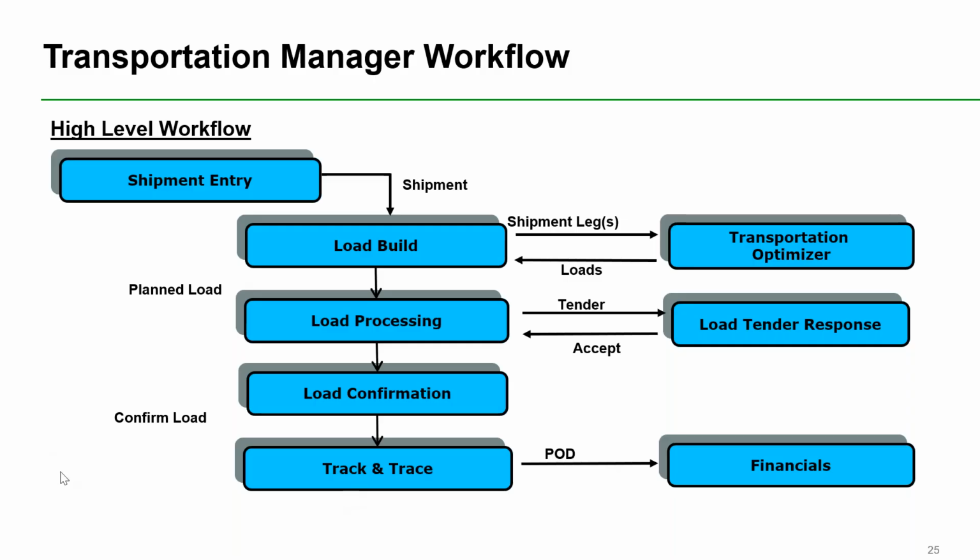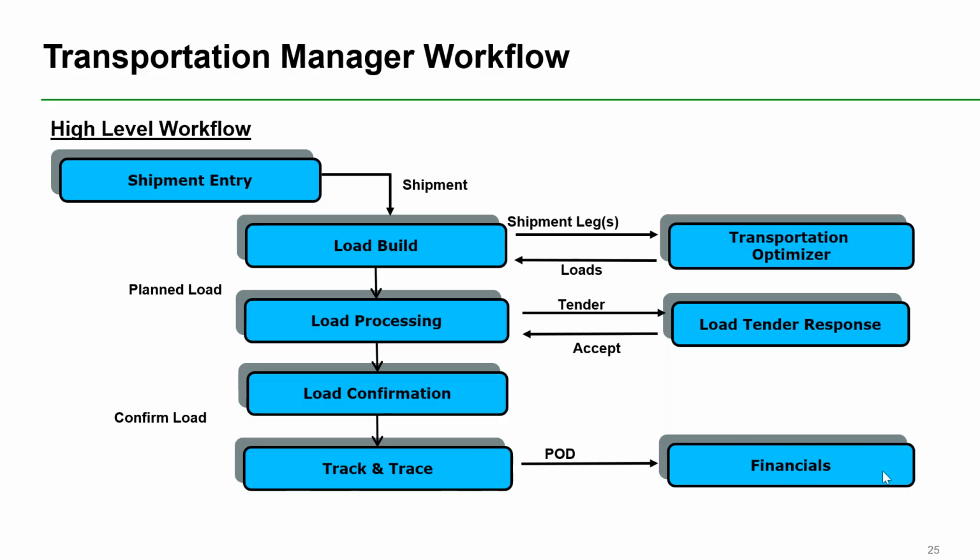Who planned this load, when it was tendered to the carrier, which carrier accepted the tender, when it started the vehicle, when it reached the pickup point, when it came out of the pickup point, when it started driving again. Each and every operation is captured, and you can see it like a history. That is track and trace.